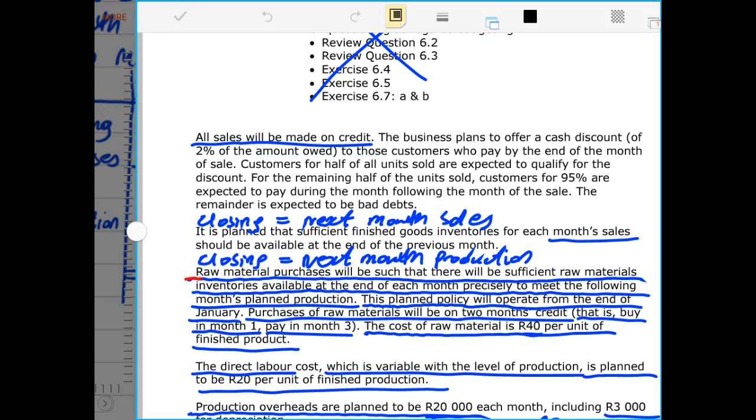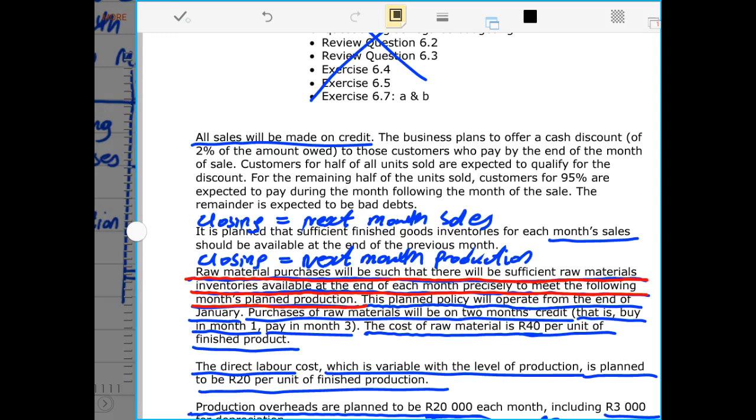It was said that raw material purchases will be such that there will be sufficient raw materials inventories available at the end of each month, precisely to meet the following month planned production. So now when we buy, we have to make sure that by the end of the current month, there is sufficient material that will be equal to the production of the next month.